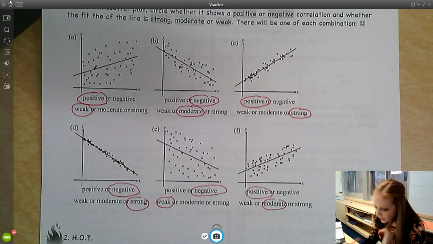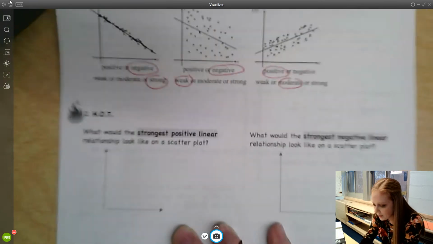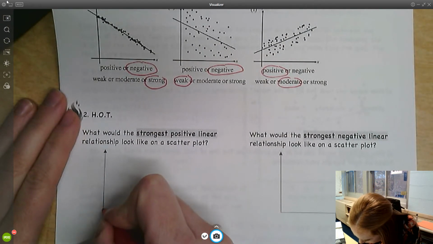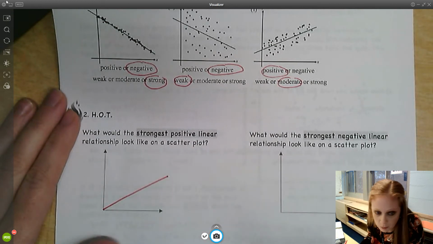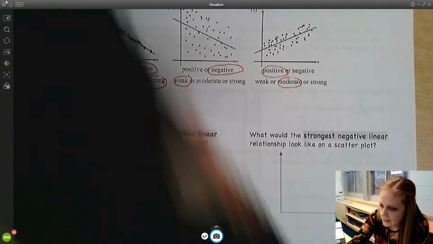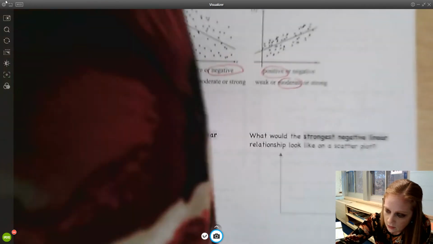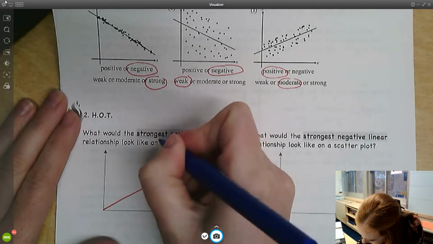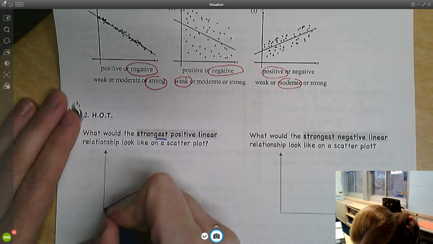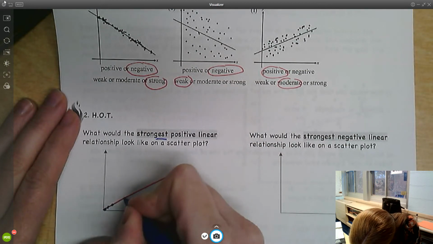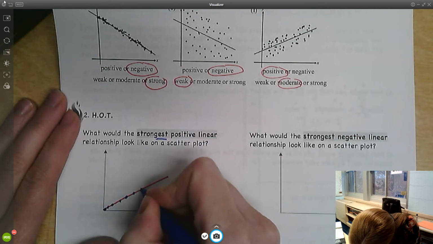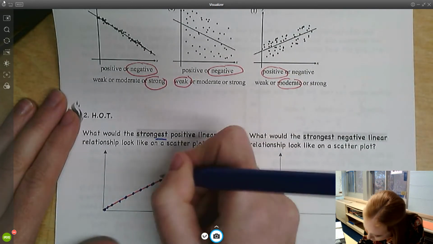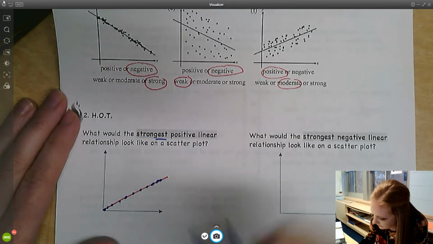Okay. Hot problem. What would the strongest positive linear relationship look like on a scatter plot? Okay, so if we had our line of best fit positive, it's going to be going upward. And let's use a different color. If it is strong, the strongest possible, those dots are actually going to be right on the line. Right? If strong means they're really close to the line, strongest would be on the line.